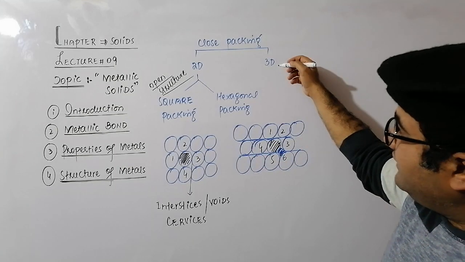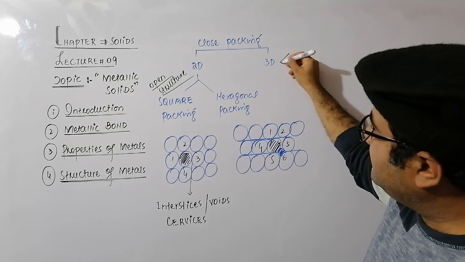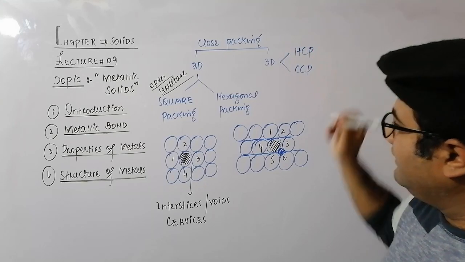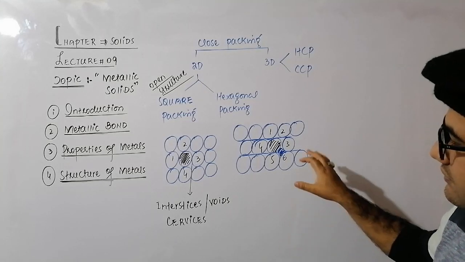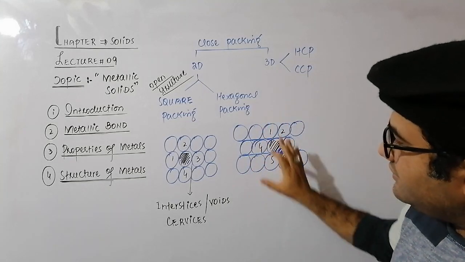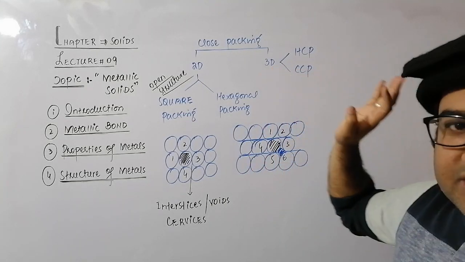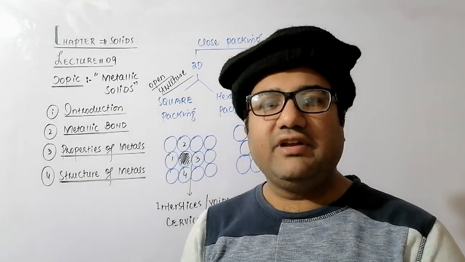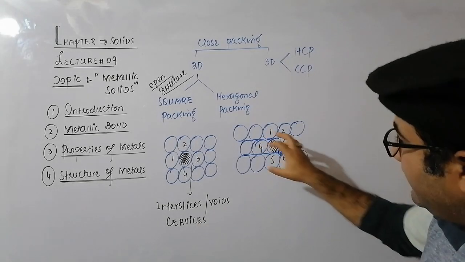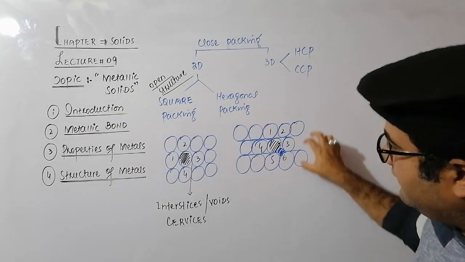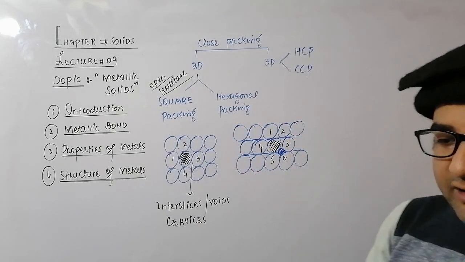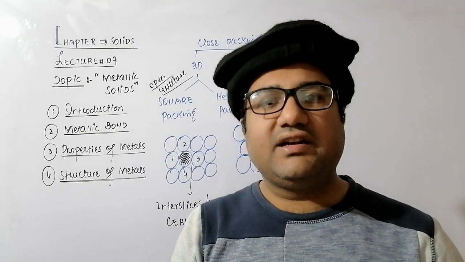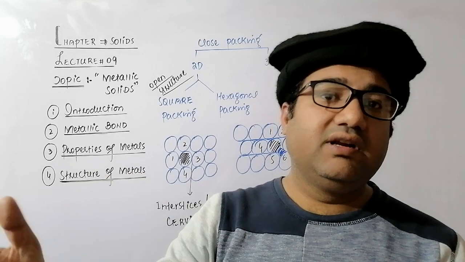Now in order to make the three-dimensional structure, which is again of two types, hexagonal close packing and cubic close packing, we are going to retain this hexagonal packing structure, and then we will draw the three-dimensional structure. In order to discuss it, we will have to place another layer on these balls or atoms, and then place the third layer, and we will see in which fashion the atoms of the second and third layer are arranged over the first layer.